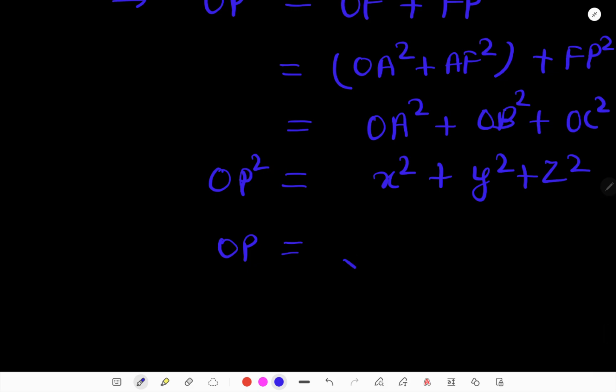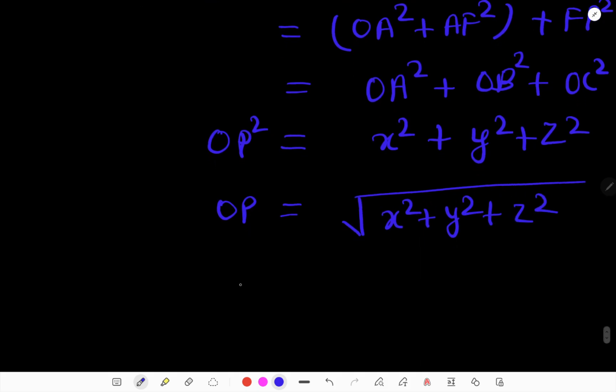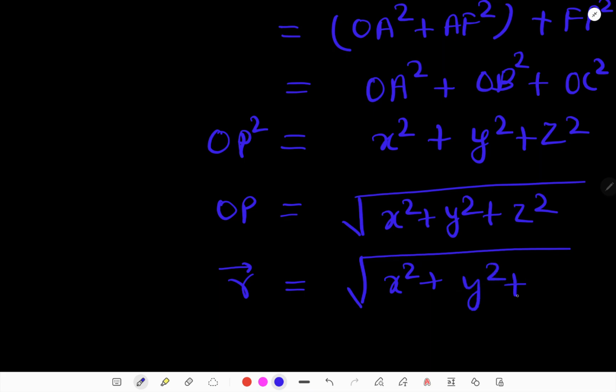For the value of OP, we take square root both sides. As we know that OP is equal to vector r, so we can write in place of OP vector r, and this is also known as modulus of vector.